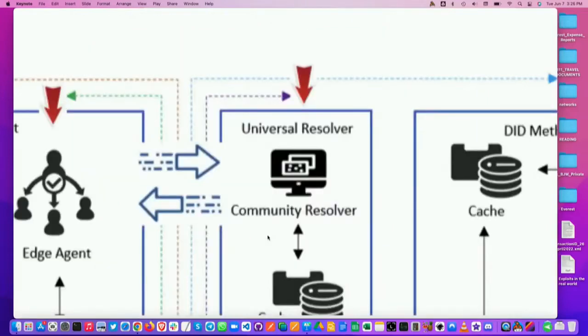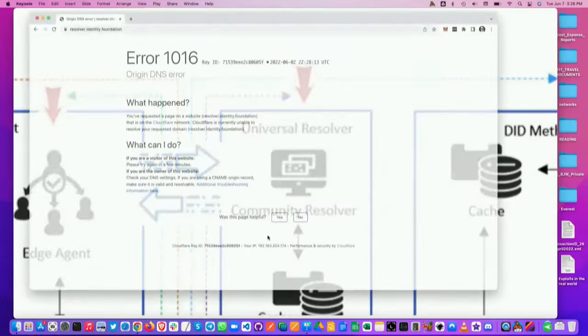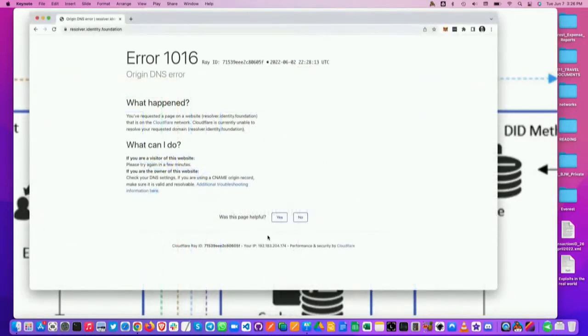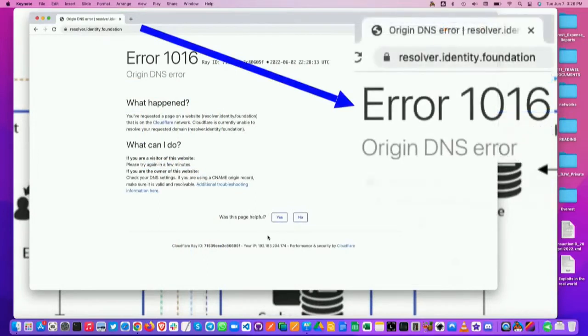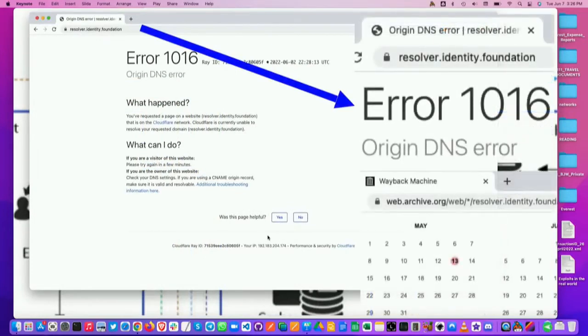However, they did leave out some of the systemic fragilities of this system. One of the most critical components of the entire DID system is the universal resolver, which acts as the definitive cross-issuer index. As an example of one of these fragilities, what happens when the universal resolver is offline for an extended period of time, like since May 13th, when the last time it was indexed by Internet Archive?